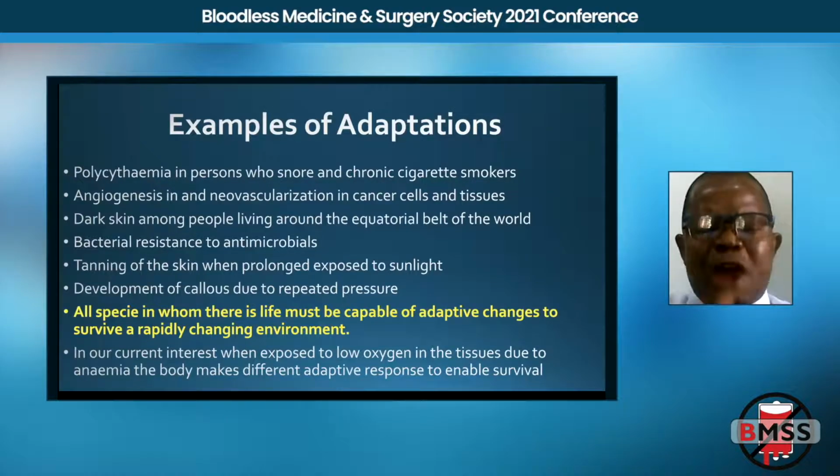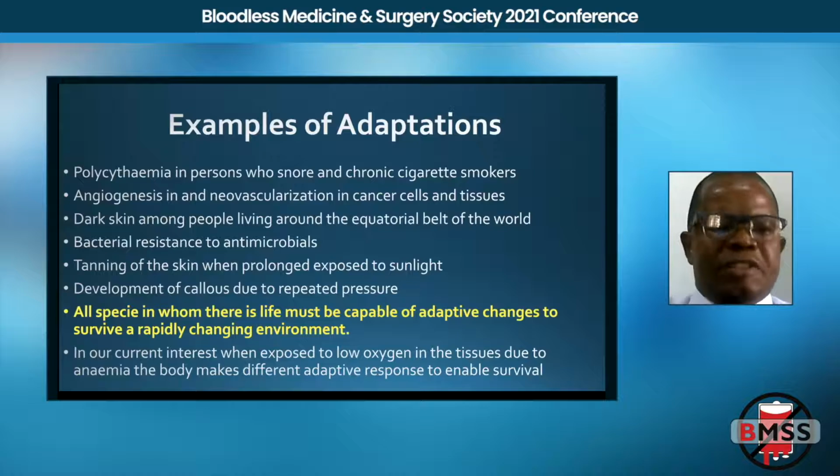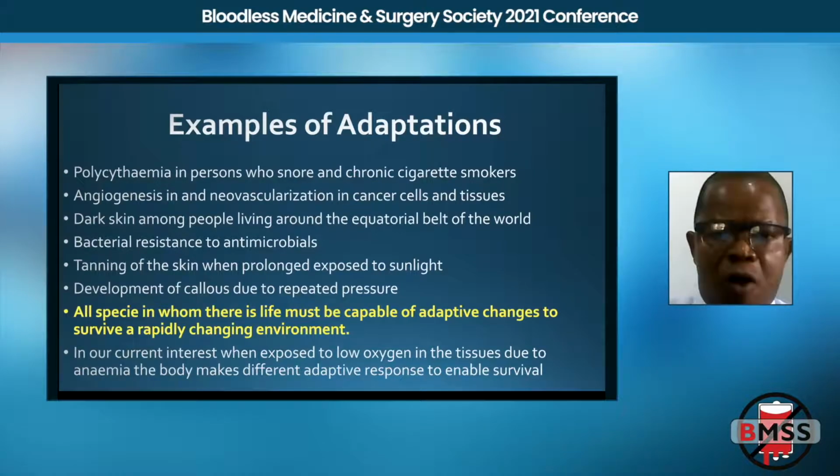We're going to see other examples, like in polycythemic patients, with high hemoglobin levels, in people who snore or chronic cigarette smokers. These are all adaptations, because someone who snores and has apneic attacks several times in a year would have stayed without breathing or taking in oxygen for up to a day or two in total.